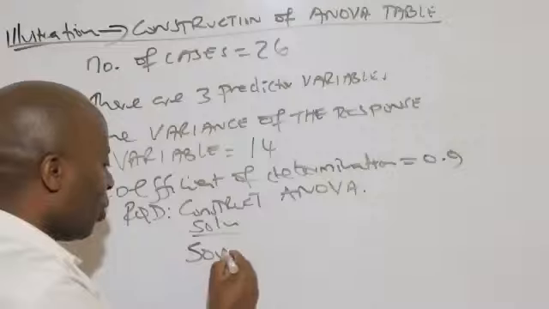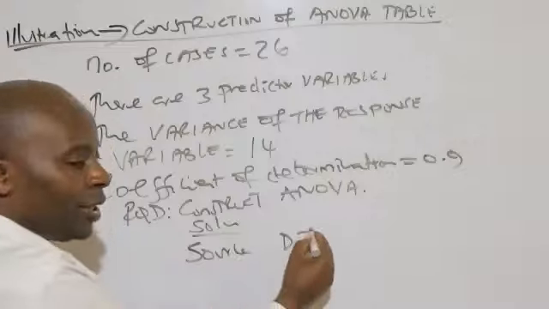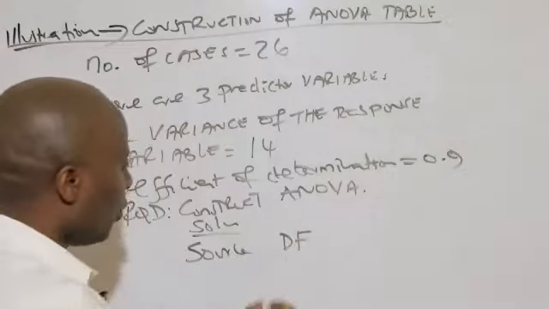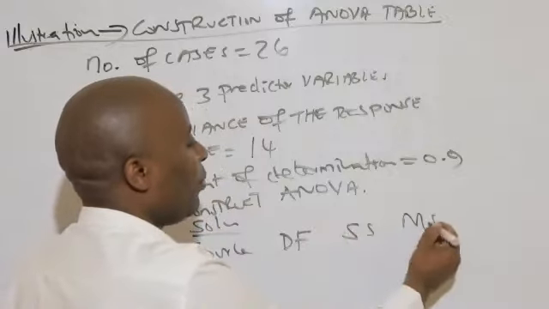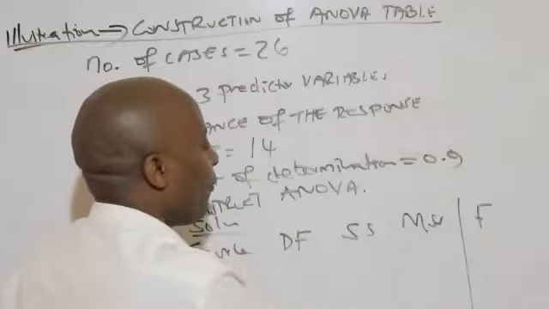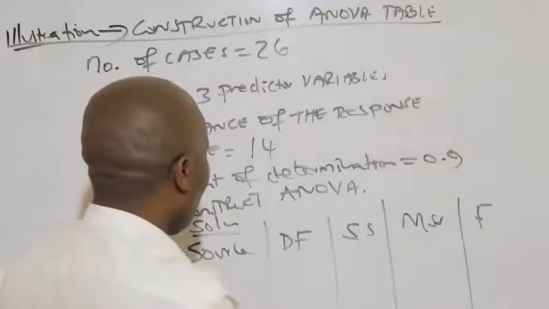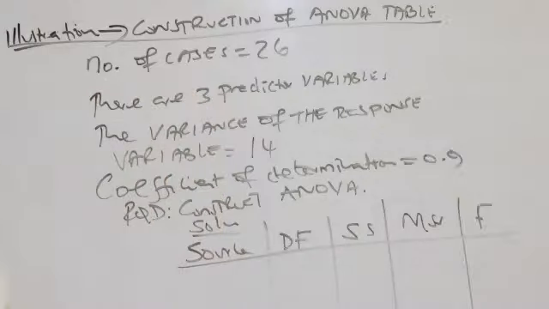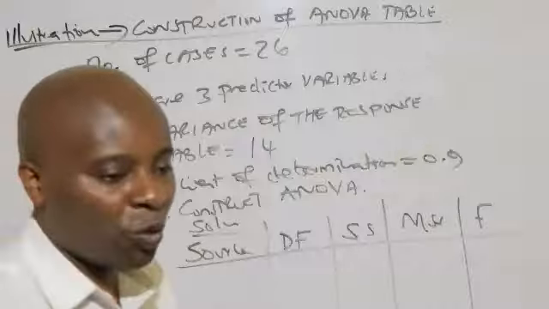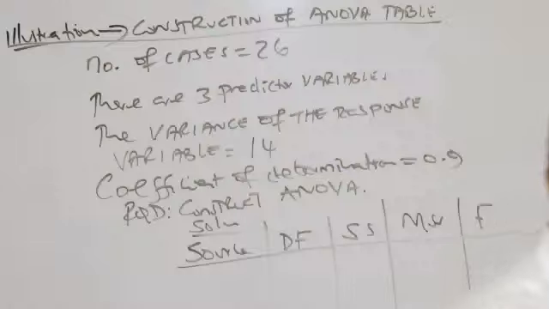So we have the source, we have degrees of freedom, we have sum of squares, we have mean sum of squares, and then we have got F. So I'm going to give you a minute. We see how far you will go in constructing the ANOVA table that you are taught in QA section 4. I'm going to give you 1 minute to finish doing that.